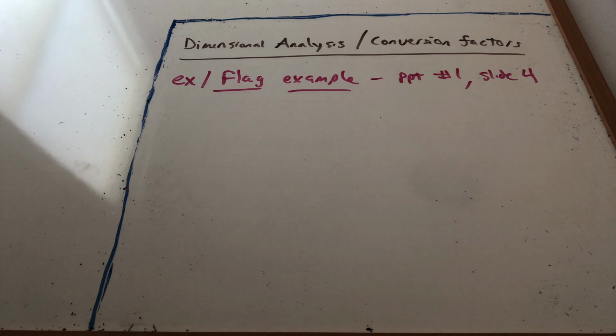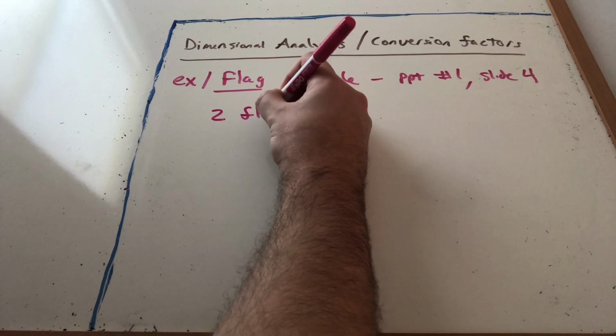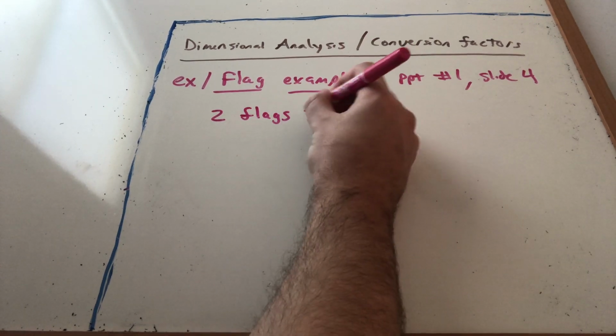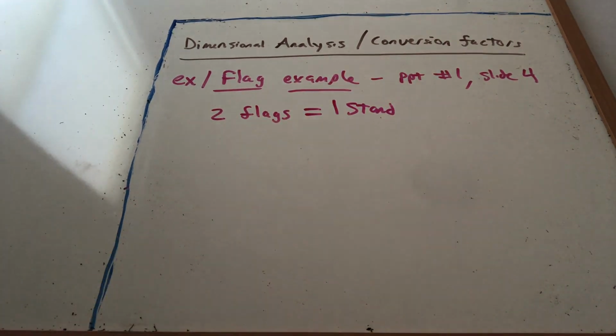Now, when I like to approach these problems, especially in the beginning, I like to make a list of information that's given. So as you're reading this problem, you can start to build your conversion factors from a list of information contained in the problem. So for example, we start off by saying, each stand that you have along the parade route can hold two flags.